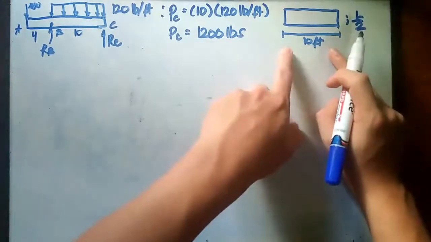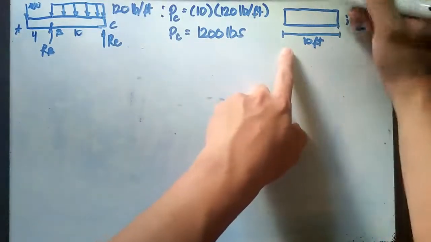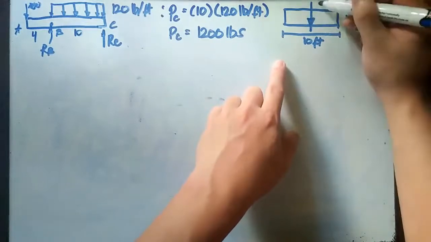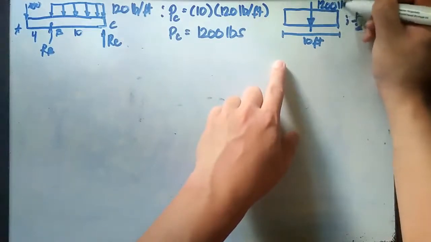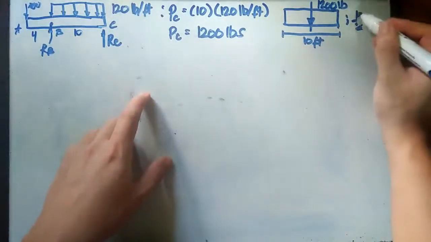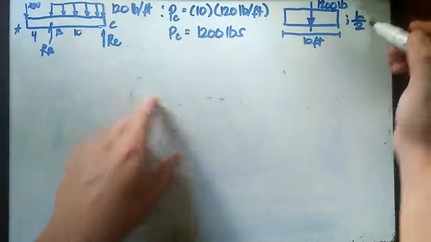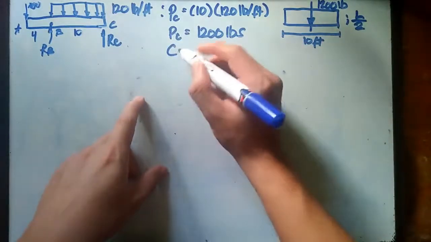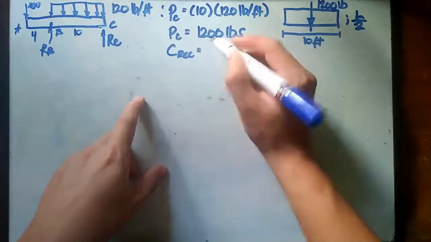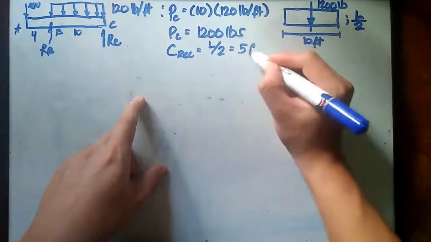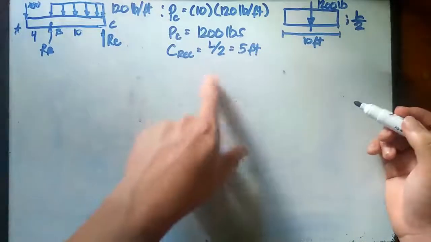If this is 10 feet, then approximately here at the centroid is where the 1,200 pounds can be found. So let's get the centroid of this one. Let's assume that this is C sub rec, which is simply half of the length. So that should be 5 feet. That's the centroid.